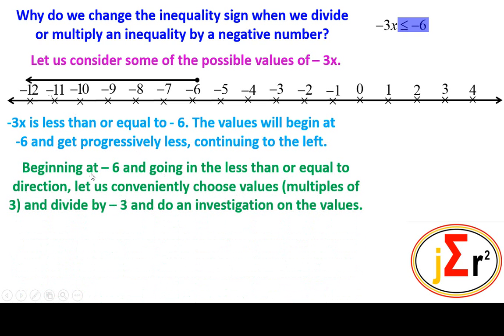Beginning at negative 6 and going in the less than or equal to direction, let us conveniently choose values. The convenient values that we will choose are multiples of 3, because we're going to divide by 3. If we are dividing by 3 or negative 3, then the answers will look very nice and round if the numbers that we are dividing are multiples of 3.